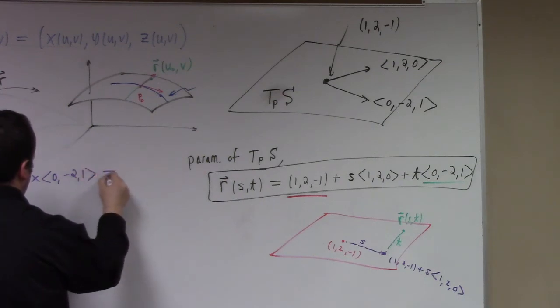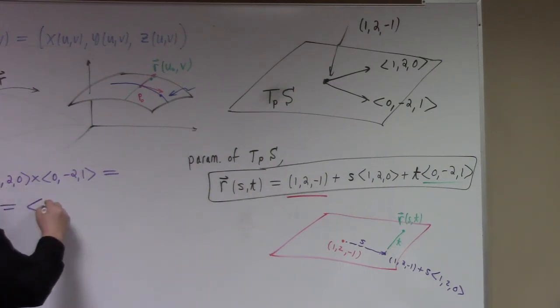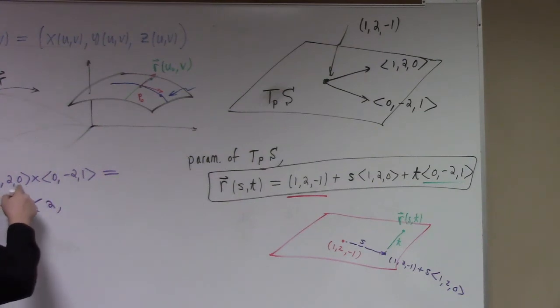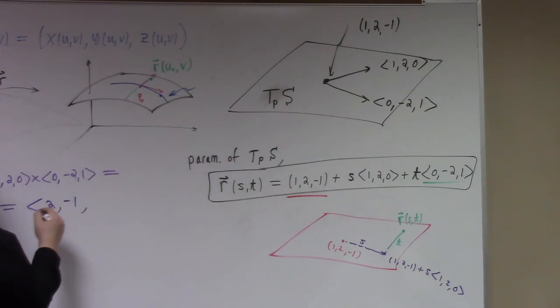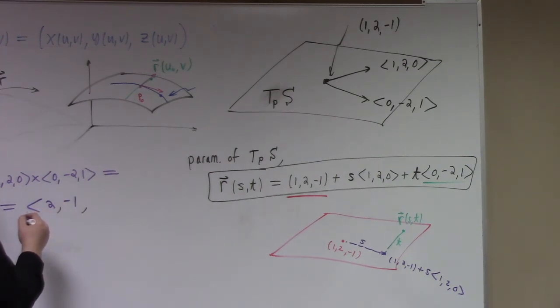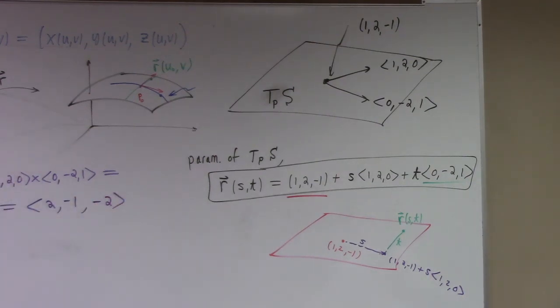What's that give us? 2, minus 1, minus 2. Let me check that. Yeah, it's perpendicular to both.